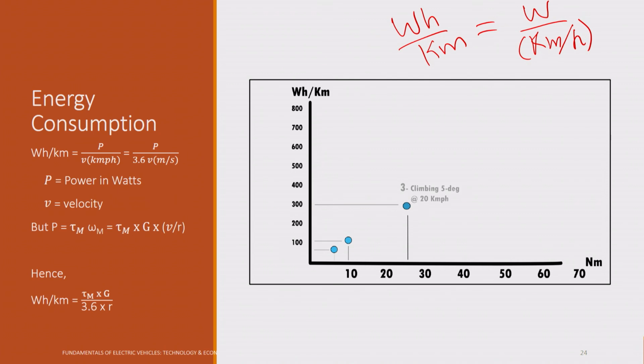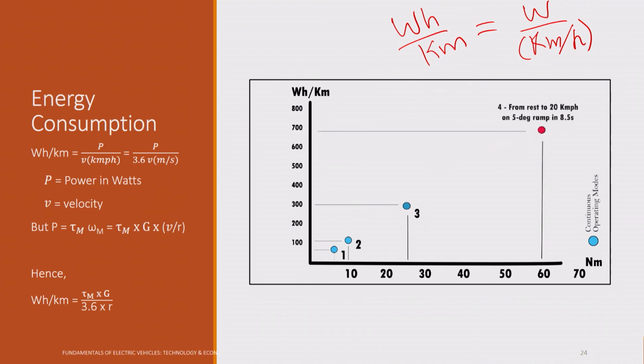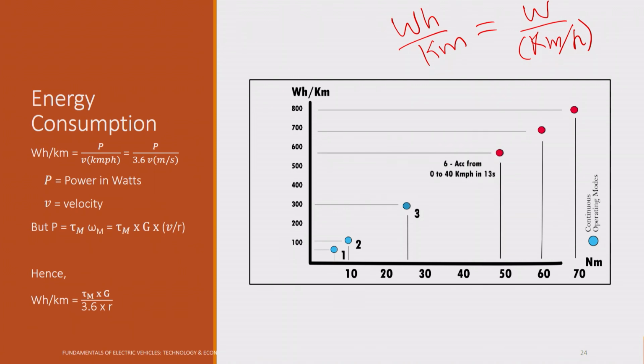The interesting thing that I want you to see is that the different drive modes call for different torques, and the greater the torque, the greater is the watt hour per kilometer. And the most interesting thing about this graph is that all the dots are on one straight line which passes through the origin.